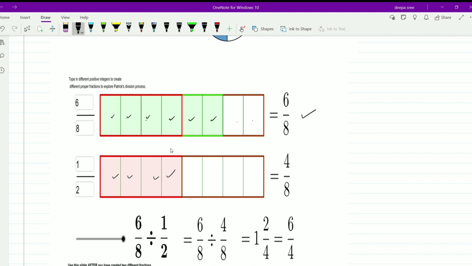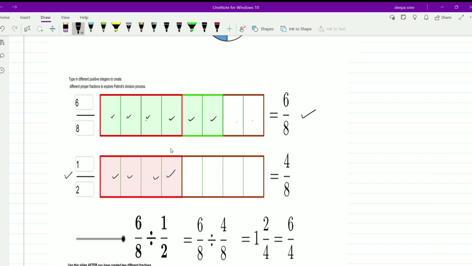Out of those 8 equal parts, 6 parts we shaded, so we get the fraction 6 by 8. But in the second case, we have to represent the 1 by 2 fraction of the same rectangular grid. Half of the part, with a total of 8 parts, means 4 parts you have to shade. So here we shaded 4 parts.